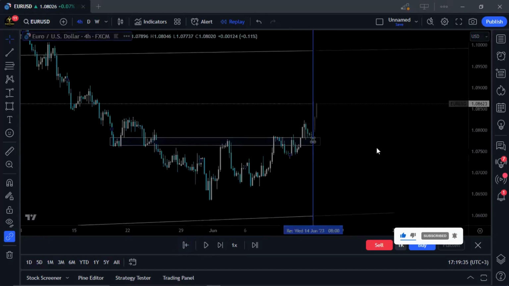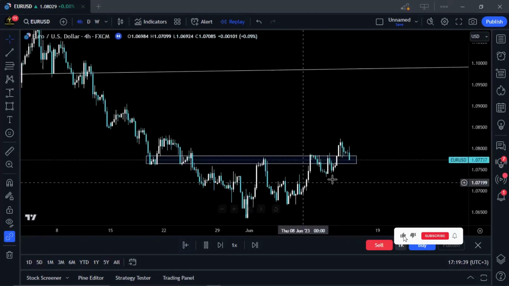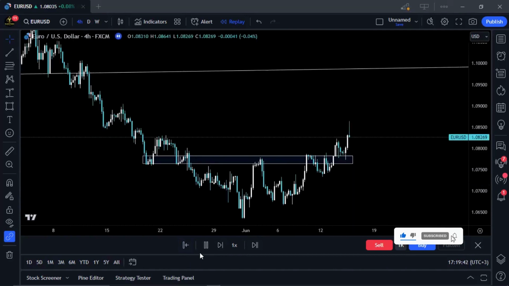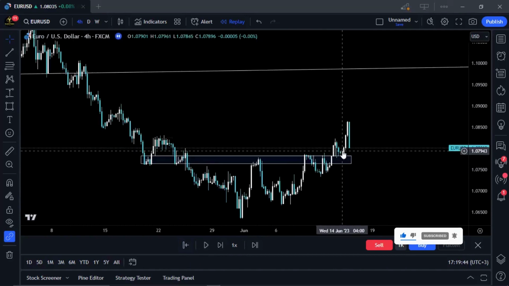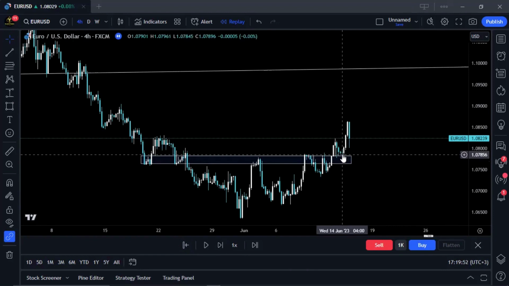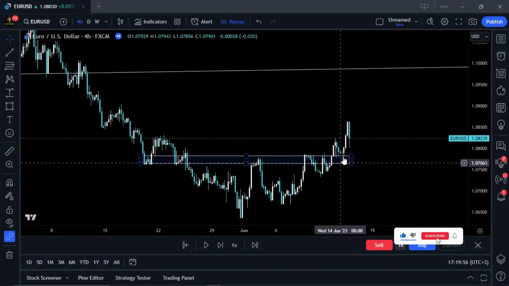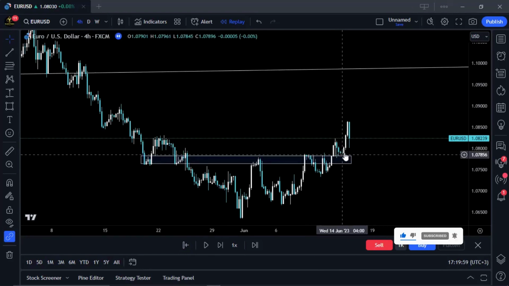but then it was rejected. Look at how strong in this area that the bears aren't allowed to close bearish in here, right?